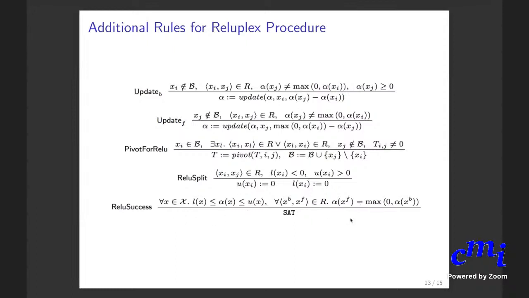You can declare success only when all the ReLU pairs are okay, and that's why the success rule is replaced with this ReLU success. Okay, so not only do all the variables have to satisfy their respective bounds, but all the ReLU pairs have to satisfy their ReLU constraints.